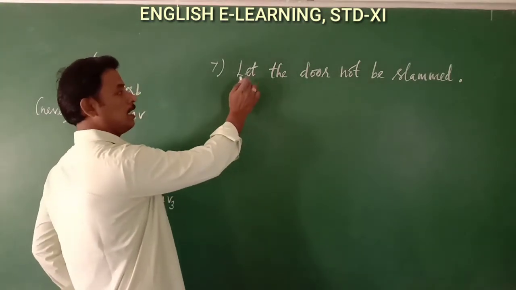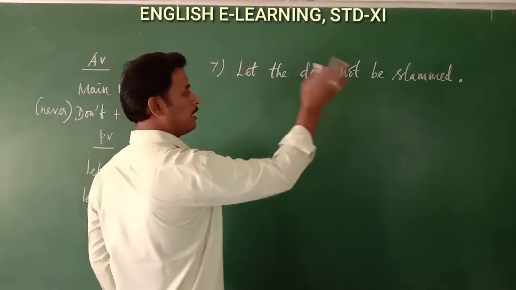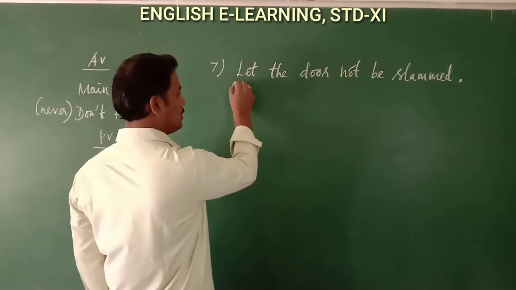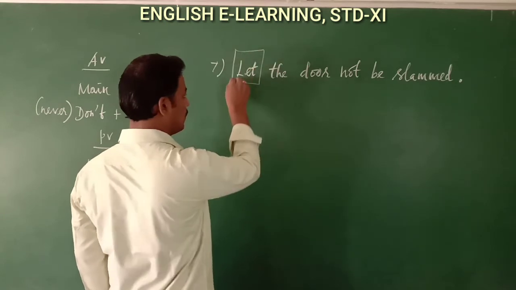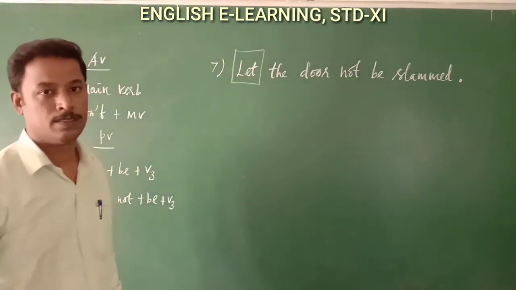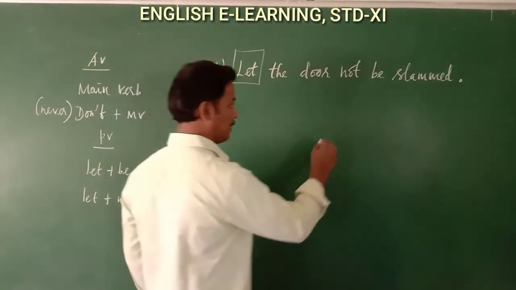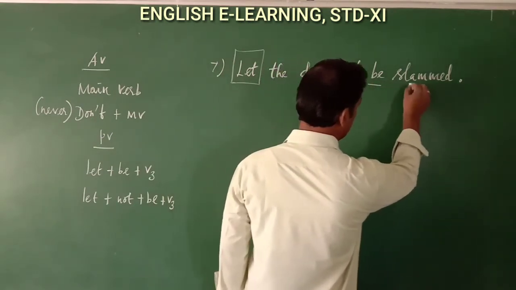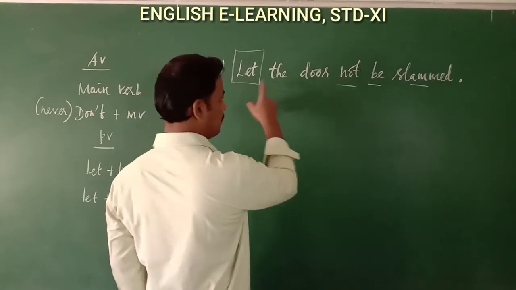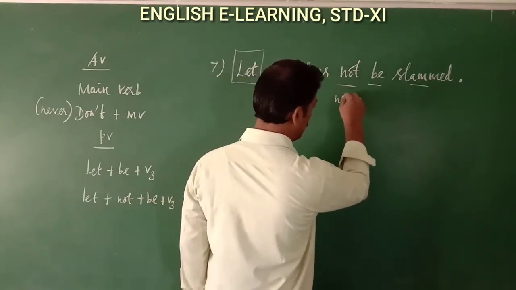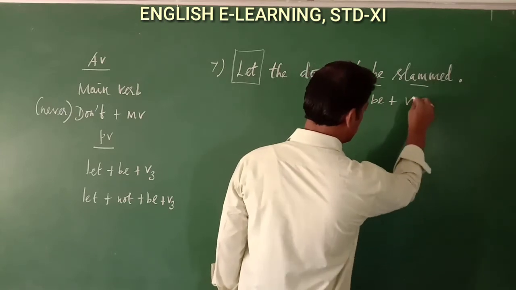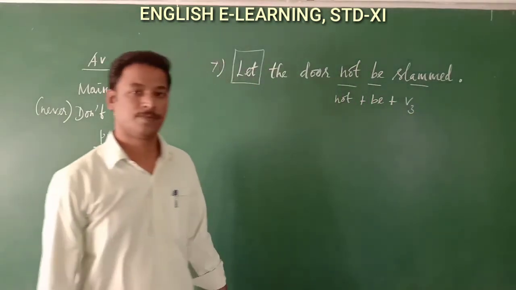Now analyze this part. The sentence is let the door not be slammed. It is a command. Okay. Analyze the rule. The first word is let, and then the remaining part, not be slammed. So let plus not plus be plus slammed, which is verb 3.